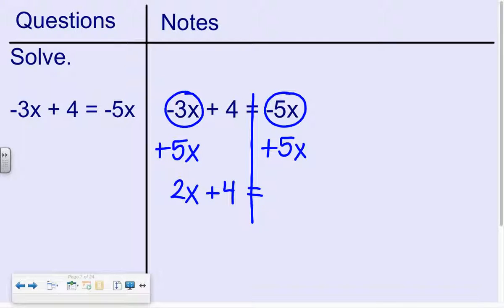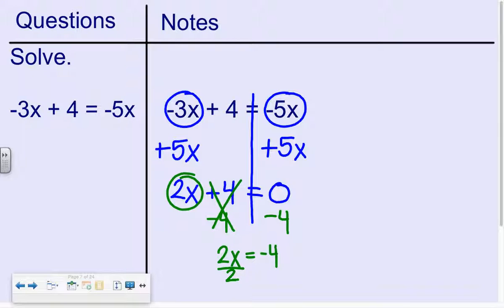Negative 5 and 5 make 0, so I will just write down 0. Circle my 2x. And subtract 4 on both sides. So I end up with x equals negative 2.